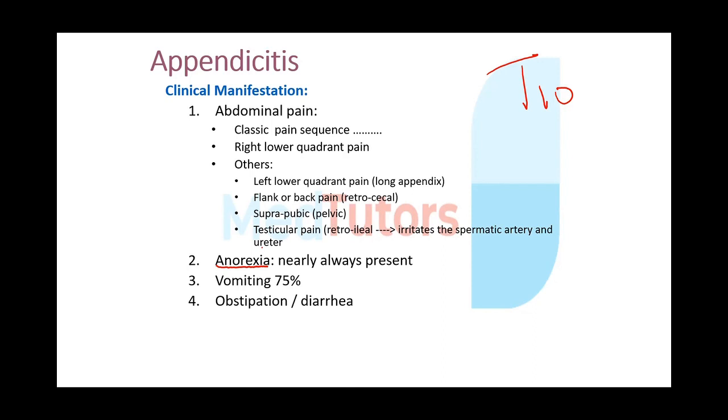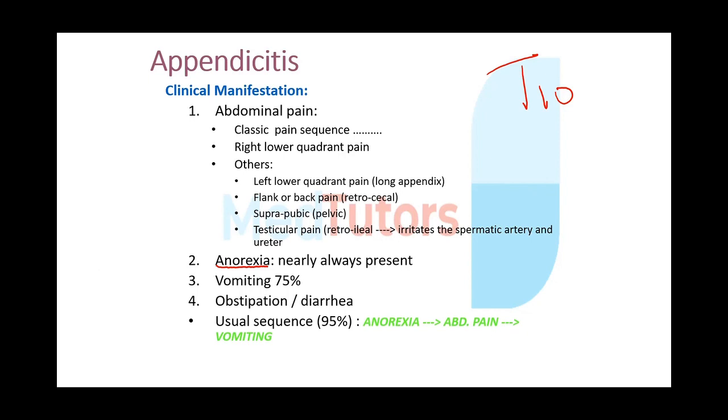Now, they could have obstipation in some conditions, or they may have diarrhea. They have diarrhea when the appendix is pelvic, irritating the rectum. Now, they may also have increased frequency of micturition.